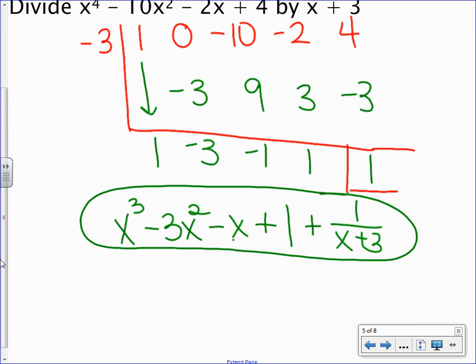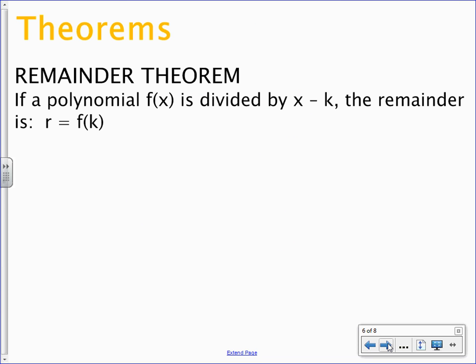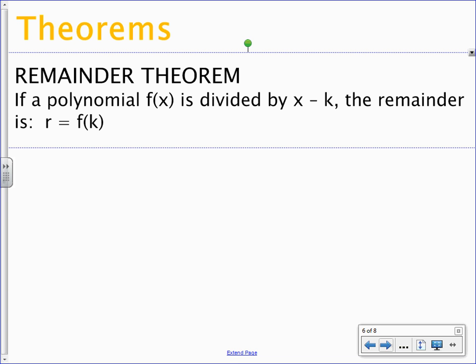Alright, now the remainder tells us a few different things. First thing it tells us is that if we have a polynomial that we divide by a linear factor, so if we do synthetic division, then the remainder is the function evaluated there.